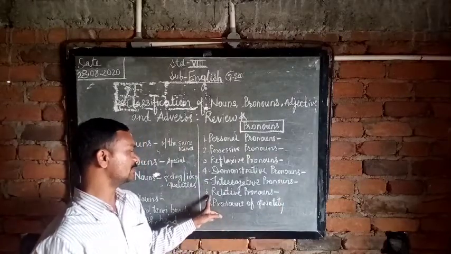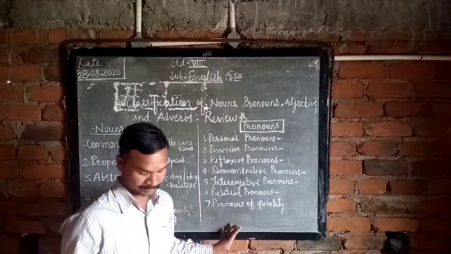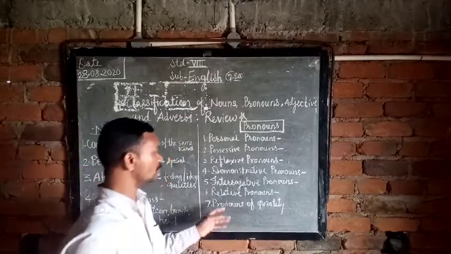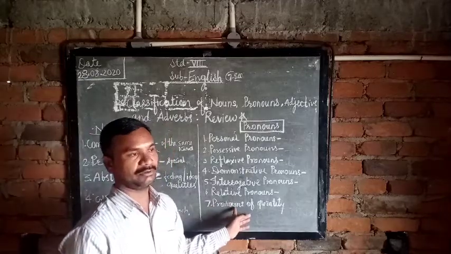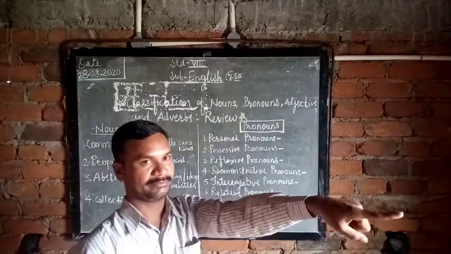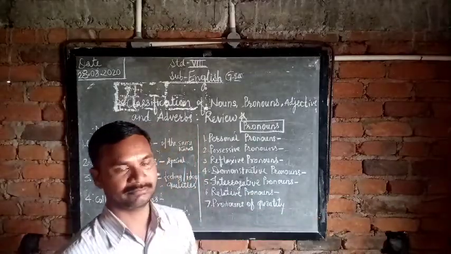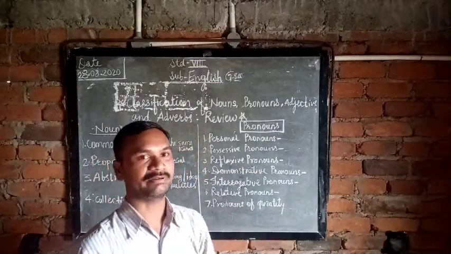Now the sixth is relative pronouns. Relative pronouns are used to introduce clauses. This is the boy who stole the money from the table.